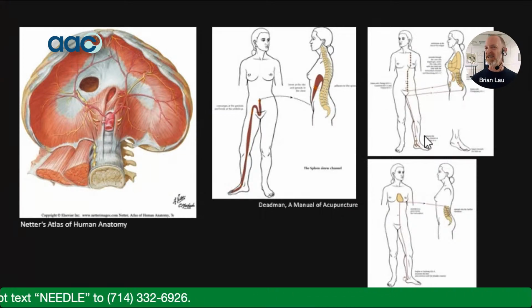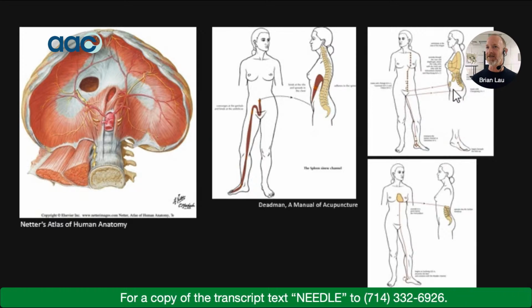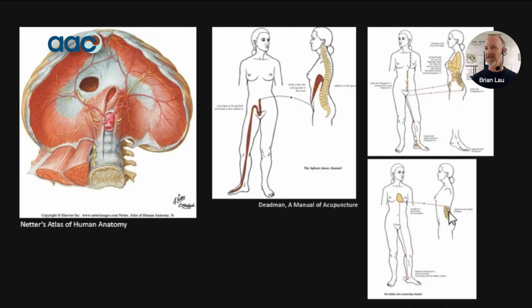The kidney sinew channel doesn't really travel through the abdomen, so I didn't use that image, but there's a lot of discussion with the kidney channel of how it loops into this region of related fascia. Especially with the lower rectus abdominis, it has a lot of connections into the pelvic floor, through the abdominal layers into the multifidi. This is the low connecting channel. It talks about that channel coming up that layer we're talking about, the posterior rectus sheath, following the kidney channel to a point just below the pericardium.